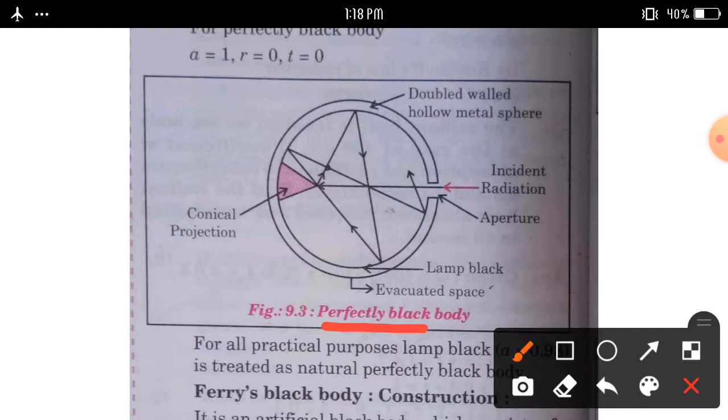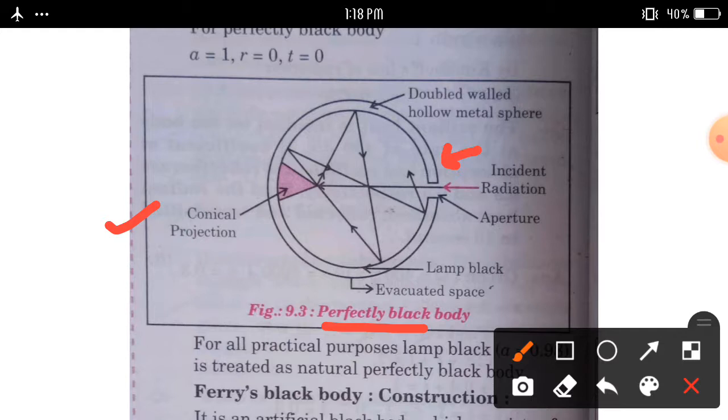It is an artificial black body which consists of a double wall hollow metal sphere having a small aperture.